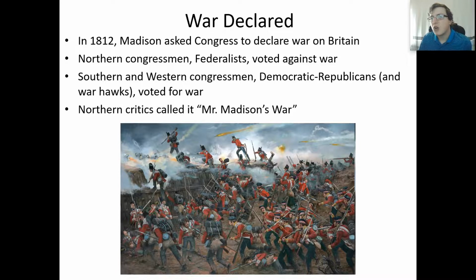Remember, they had stronger ties to Britain, while the Democratic Republicans had stronger ties to the French. But Southern and Western congressmen, particularly the war hawks, would call for war. After we get the war, the Northerners will call this Mr. Madison's War after the president. But we have now entered this conflict. We will see how it plays out tomorrow.